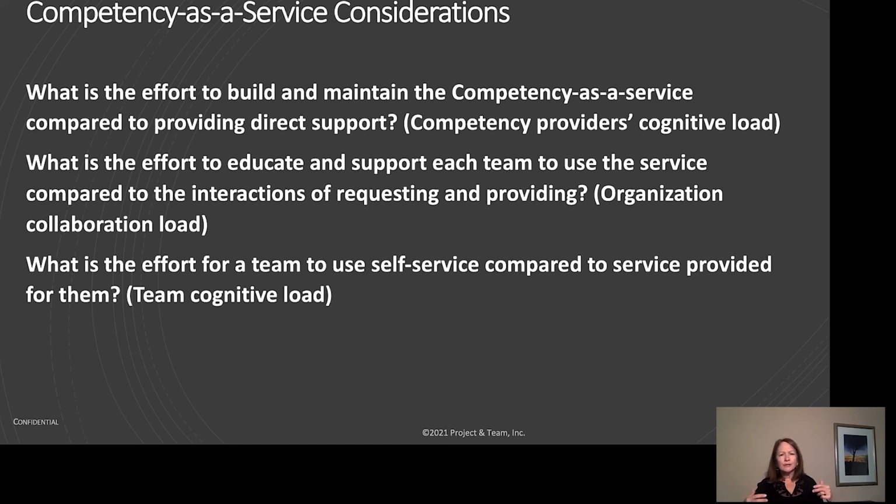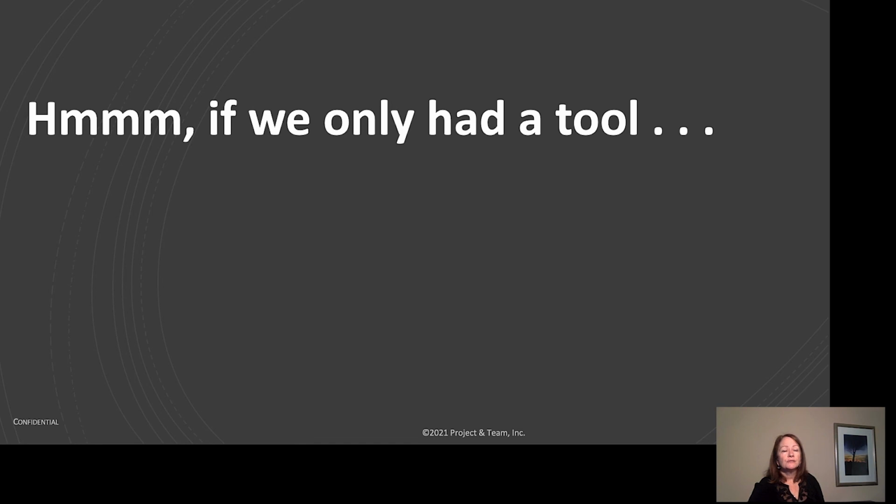What's the effort for them to be self-serving? In other words, what do they have to keep in their head and remember to do? And that's the team cognitive load.